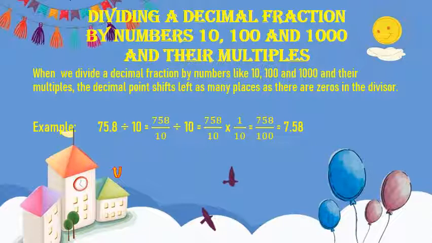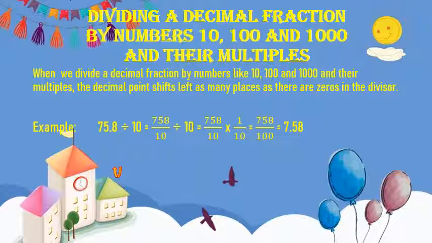Or you can say that the position of the decimal point is third from the right hand side. So when we are dividing 75.8 by 10, since there is 1 zero in 10, the decimal point also shifts one place toward the left side.